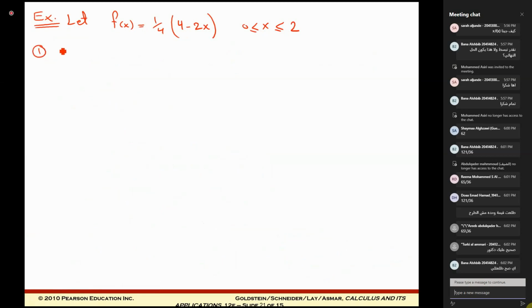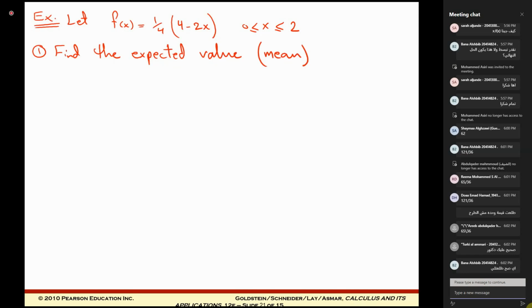Firstly, we need to find the expected value or the mean. This is the same.